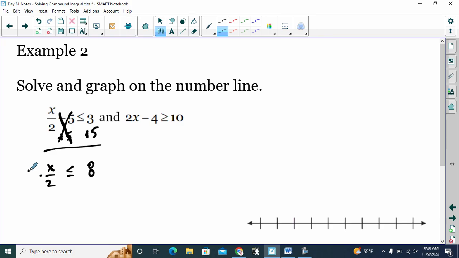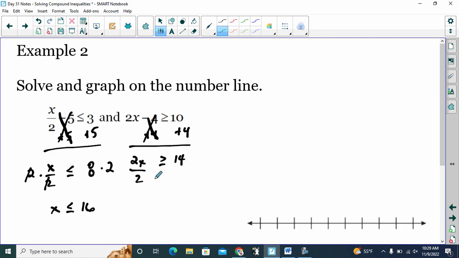When we divide, we can cancel division by multiplying. We multiply both sides by 2. If I multiply by a positive number, again, I do not flip my inequality. I get x is less than or equal to 16. Our second inequality over here, we add 4 to both sides, and then 4 and 10 make 14.